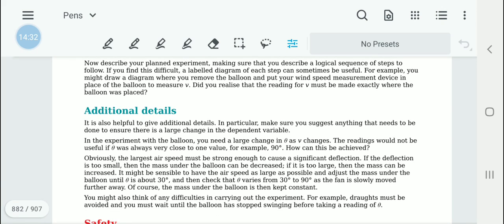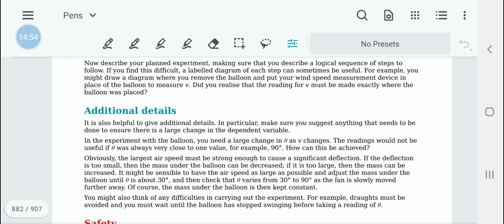And then using words, you explain your experiment. So you have to explain the logical sequence of steps that you need to follow. First you do this, then this is what is going to happen. Then you do this, then as a result this is going to happen, right?